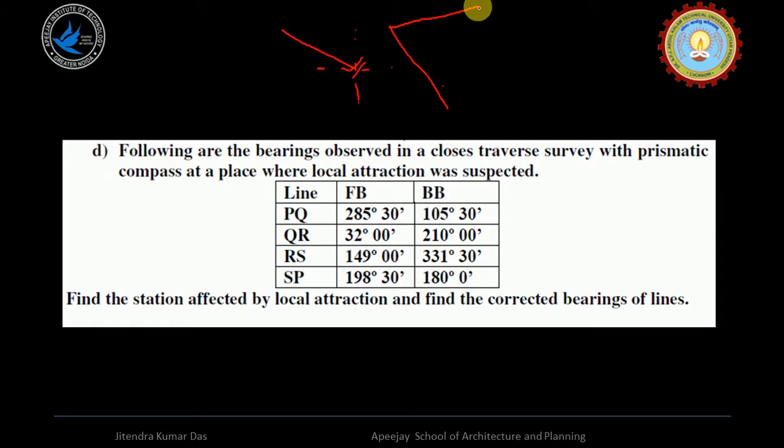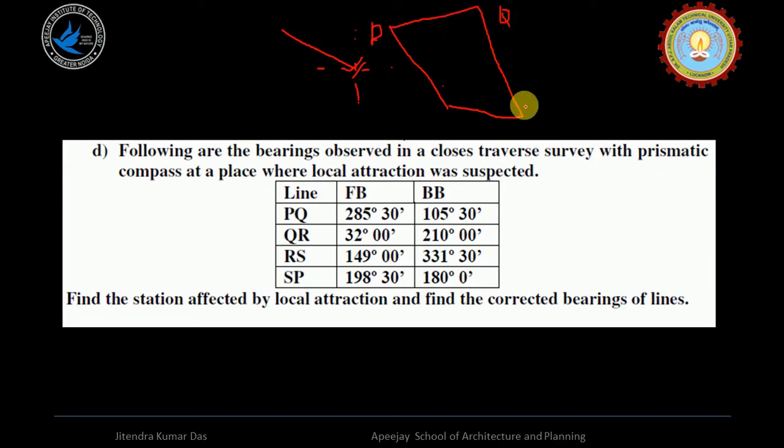So this is our 32, QR, and RS 149, and this is our 198. So that may be the geometry.